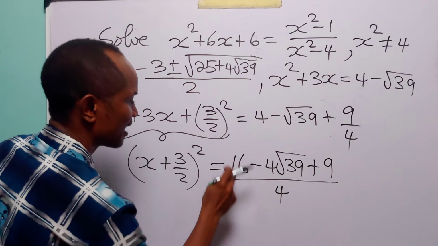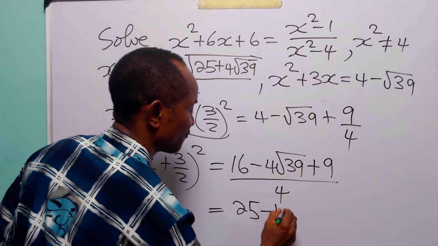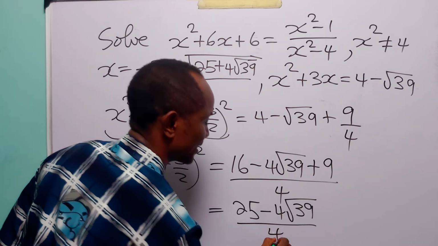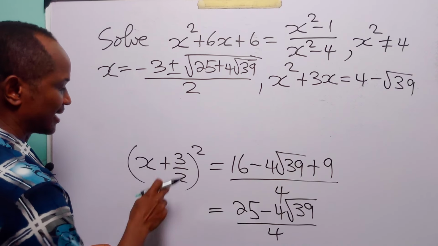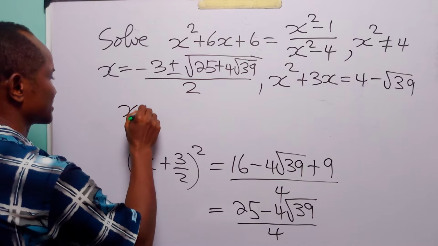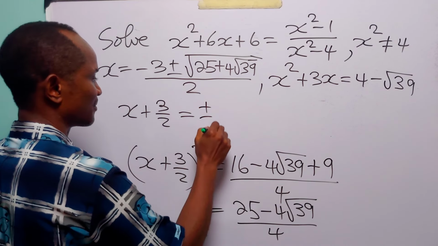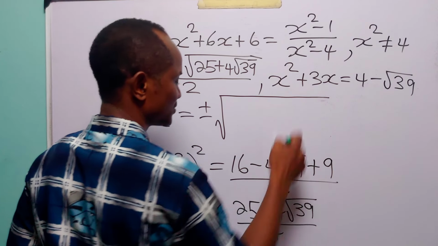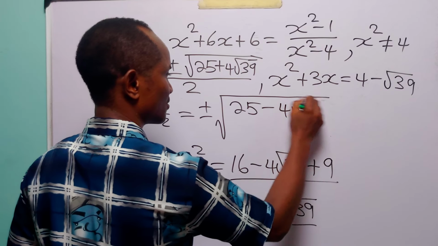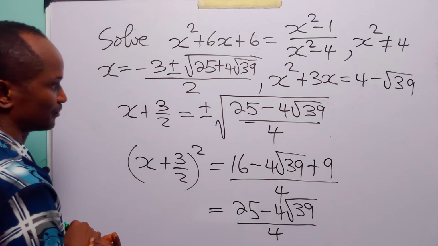Once more, from here we have 16 plus 9, which is 25, minus 4 root 39 divided by 4. And taking square root of both sides of this equation, we have that x plus 3 over 2 is equal to plus or minus the square root of 25 minus 4 root 39 divided by 4.